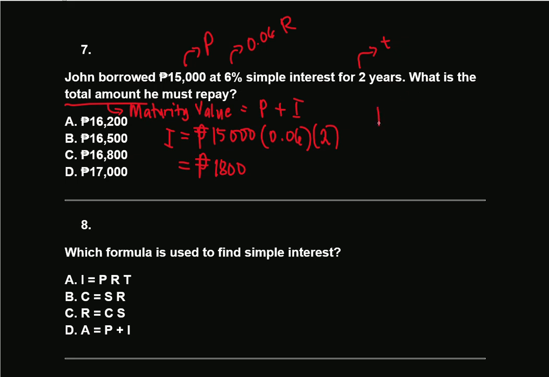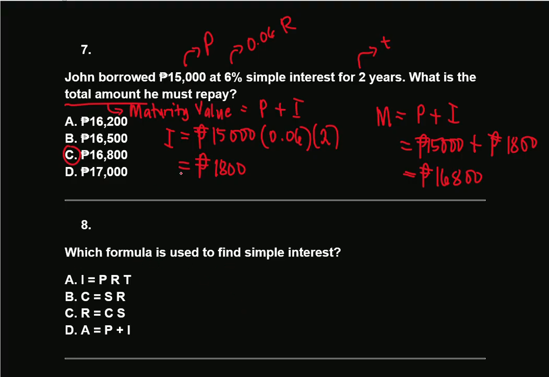So it means you have to get the maturity value, which is principal plus interest. So our principal is 15,000 plus our interest, that is 1,800. So the maturity value will be 16,800. Letter C.